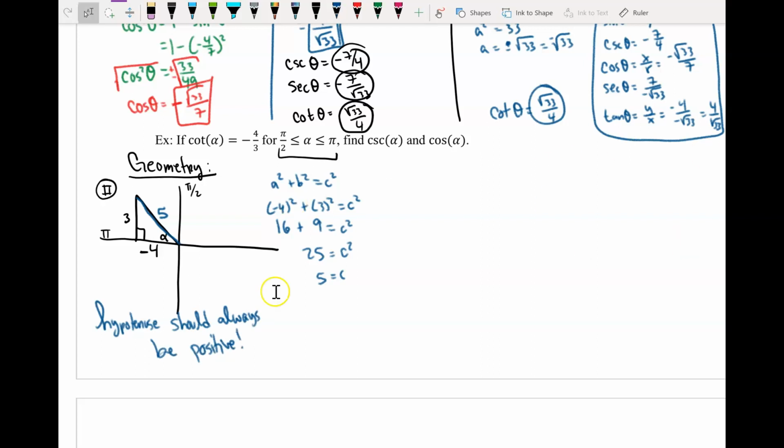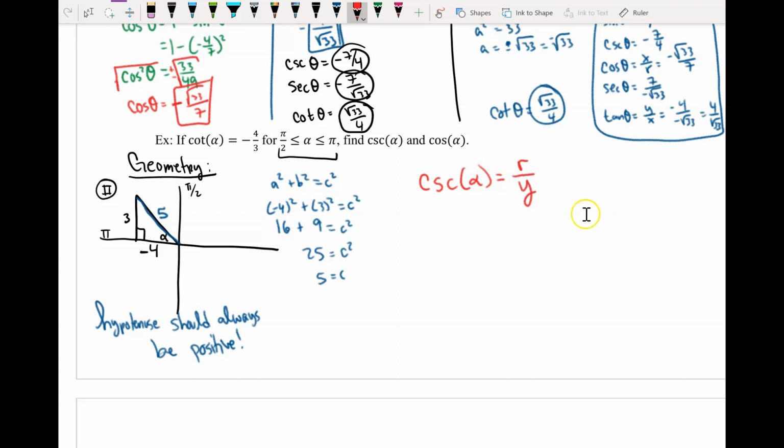Alright. And now I'm going to just use geometry to figure out what cosecant alpha is and what cosine of alpha is. So remember that the cosecant alpha, which is the opposite of sine, is going to be the r over the y.